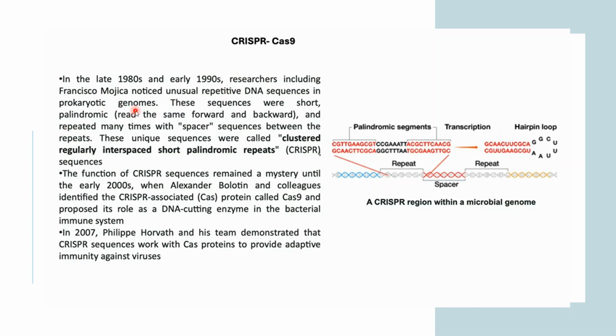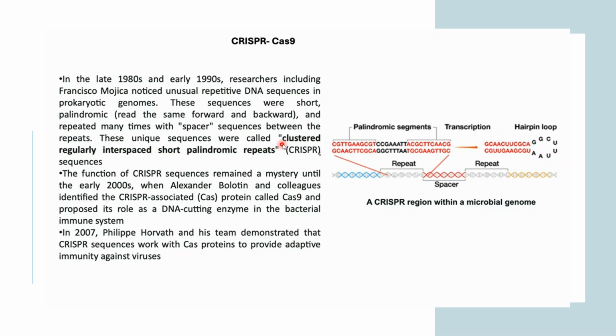These sequences were short, palindromic, and repeated many times with spacer sequences between the repeats. These unique sequences were called clustered regularly interspaced short palindromic repeats. So this is known as CRISPR.